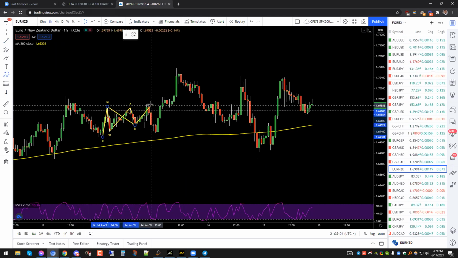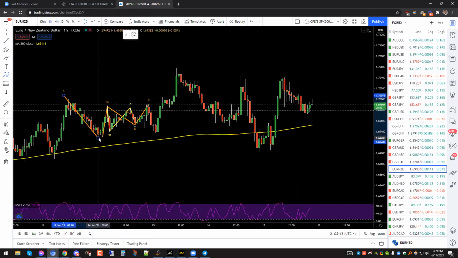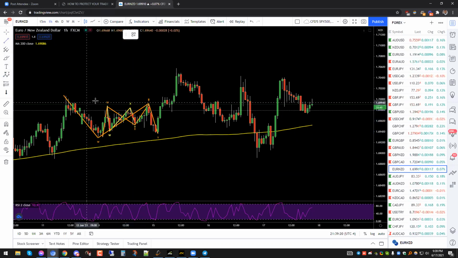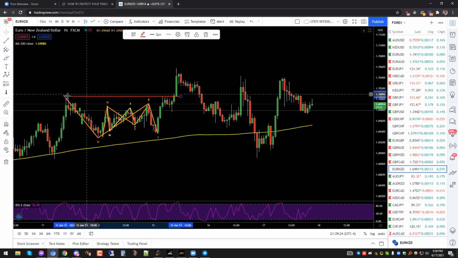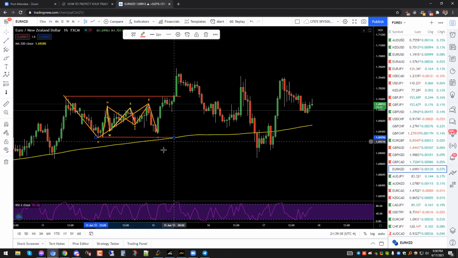This is another 3-wave move here. Just change the color, right? And this is the bigger 3-wave move here. So all of that makes up a regular flat pattern. So if I had to create a flat over it, this is the high, this is the low. Right, so this makes a regular flat pattern formation.